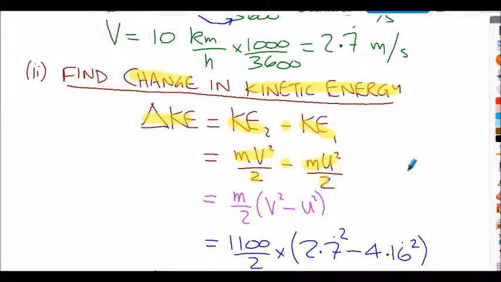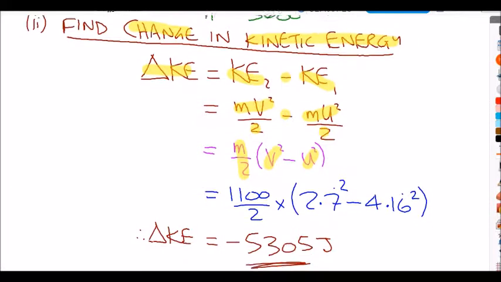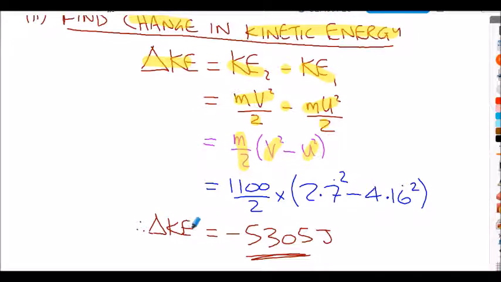M in the numerator and 2 in the denominator are common, so I could factorize the equation on m upon 2, and in brackets I would have my v squared minus u squared. And then inserting the values, I can calculate the change in kinetic energy. Just notice the change in kinetic energy is negative here because the vehicle is slowing down. So it's negative 5,305 joules. So that's energy that has been taken out of the system, maybe in braking forces, aerodynamic friction, etc.